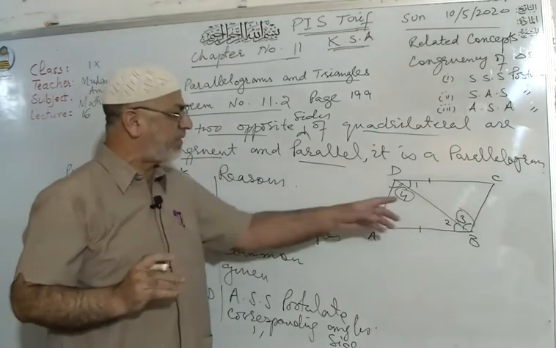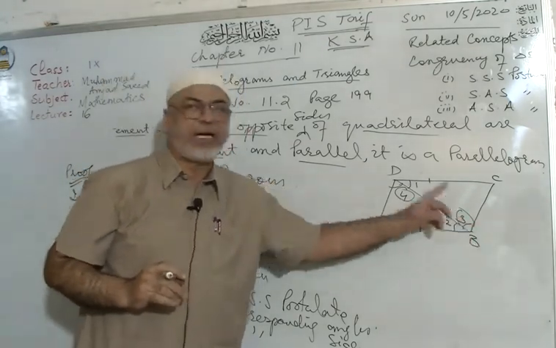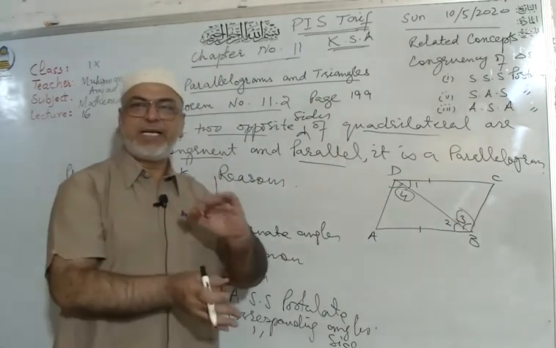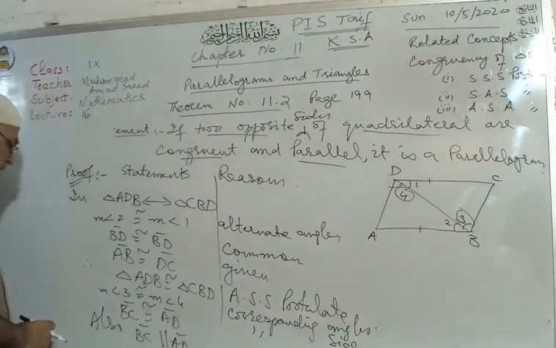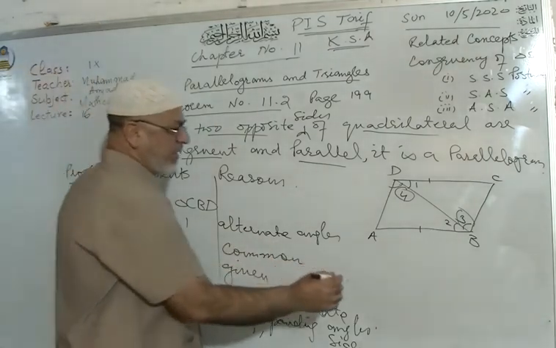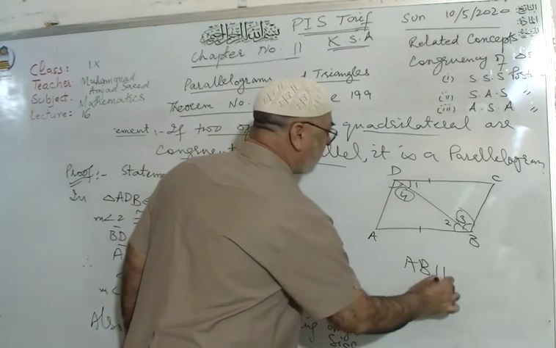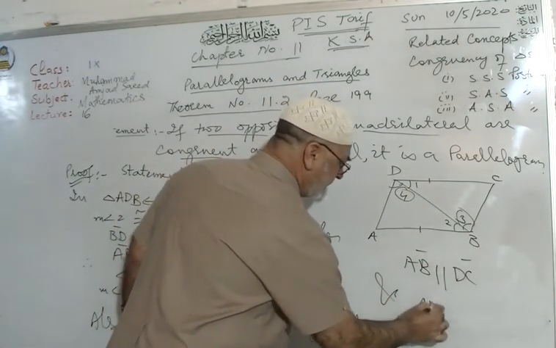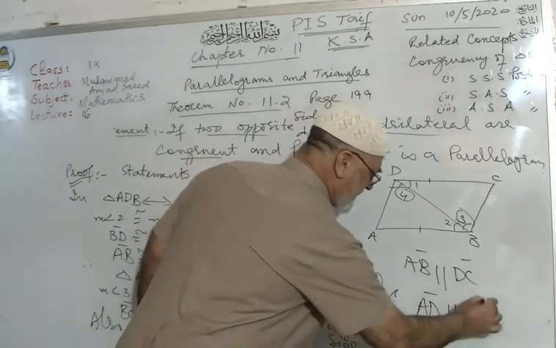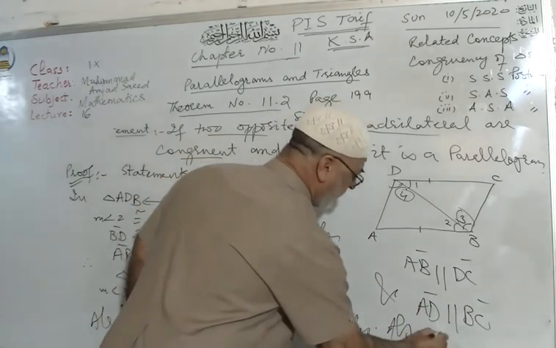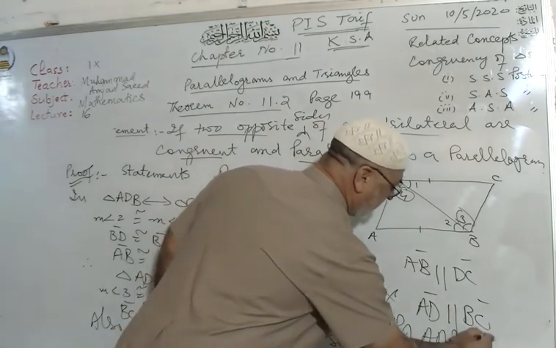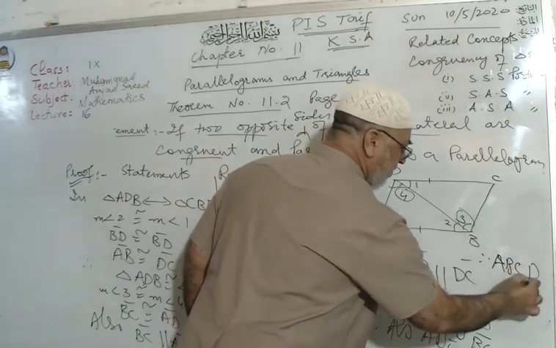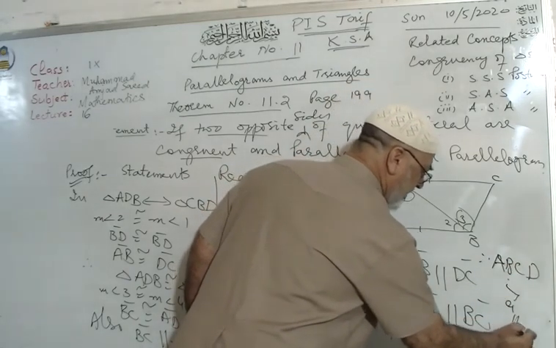We have the result that whenever the angles are congruent, lines are parallel, and if the lines are parallel, angles will be congruent. Hence we can see that AB is parallel to DC and AD is parallel to BC. Also, AD is congruent to BC. Therefore, ABCD is a parallelogram.